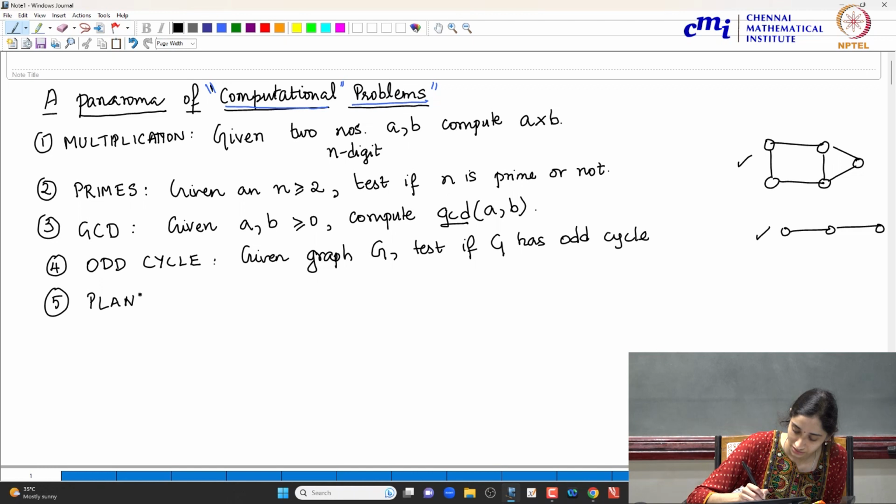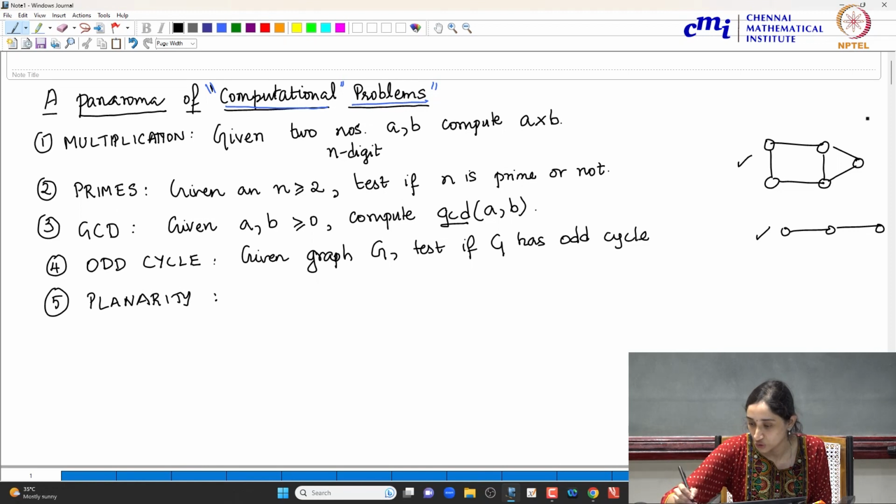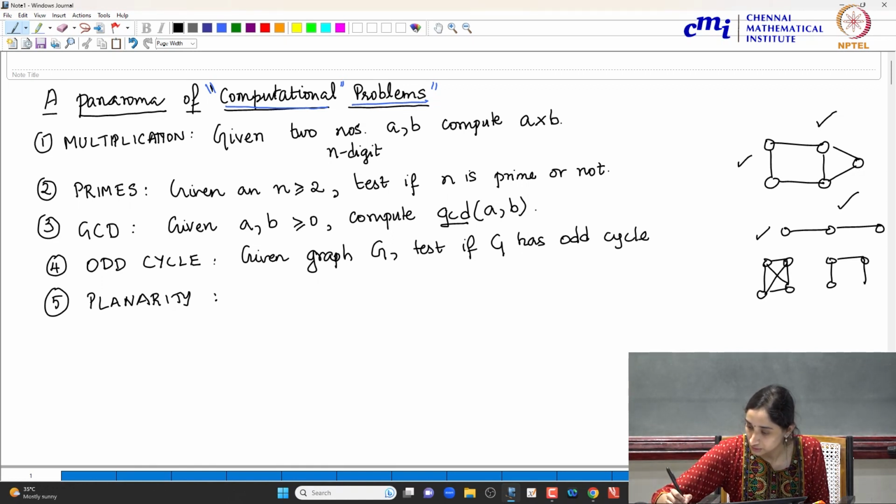A harder problem is planarity. Okay. So have you heard of planar graphs? So a planar graph is a graph that you can draw on a plane without edges crossing. So this is an example of a planar graph. This is a planar graph. This doesn't quite look like a planar graph, but you can possibly make it planar.